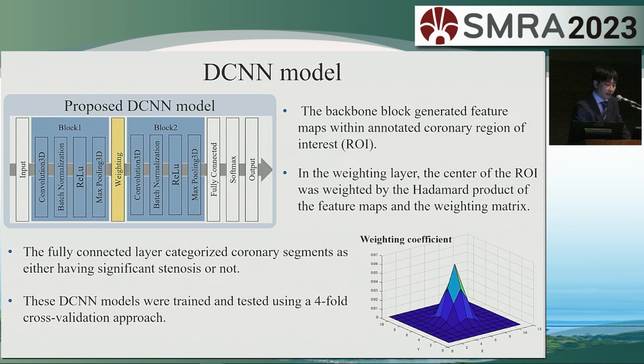In the weighting layer, the center of the row was weighted by the Hadamard product of the feature map and the weighting matrix. The fully connected layer categorized the coronary segment as either having significant stenosis or not. These DCNN models were trained and tested using a four-fold cross-validation approach.